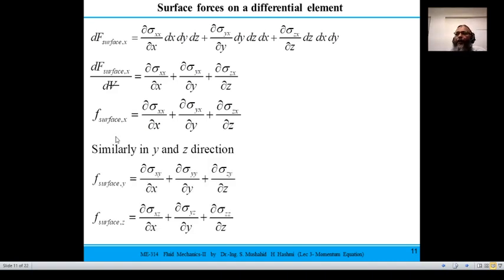Similarly, we can write down the expression for the force per unit volume in y direction and force per unit volume in z direction. So you see these tau xx, tau yy, tau zz are actually the diagonal elements, which are the normal forces, and the off diagonal elements are the tangential forces.